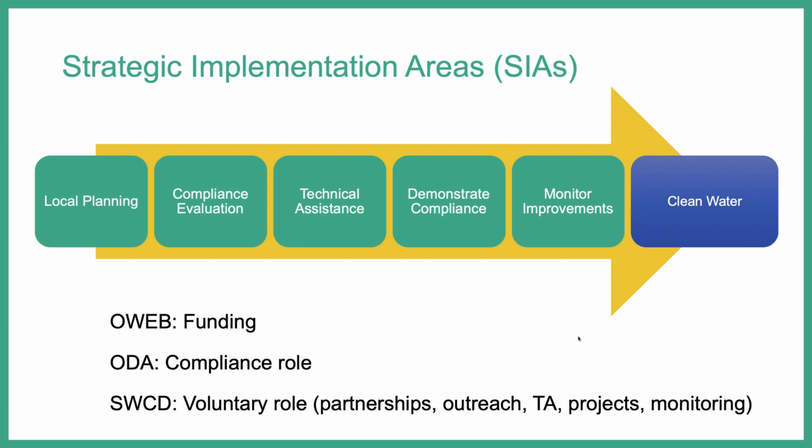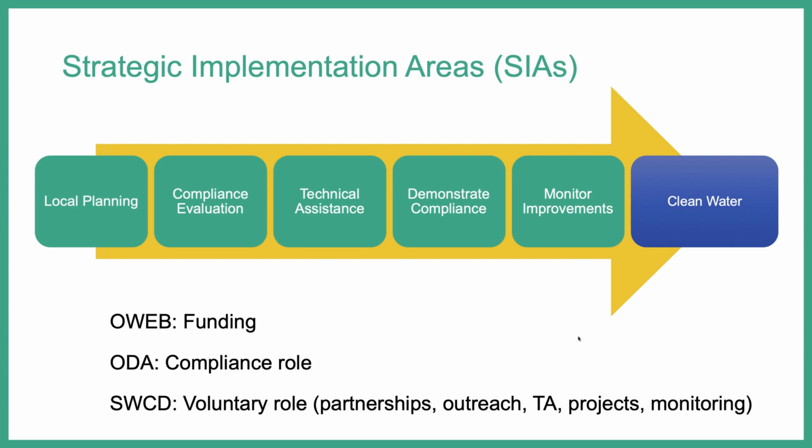And then ODA does a compliance evaluation, which I'll explain in a sec. And then SWCDs provide all this assistance to landowners, both that are identified as potential regulatory issues, but also who have other things that they would like to address.